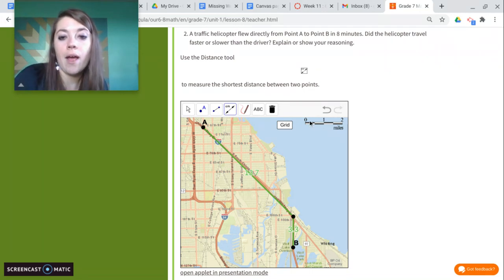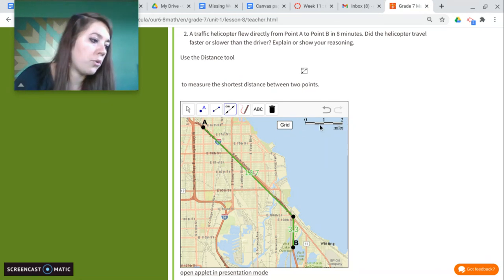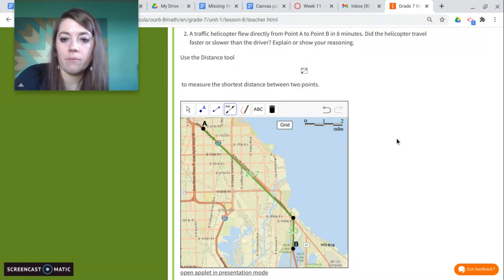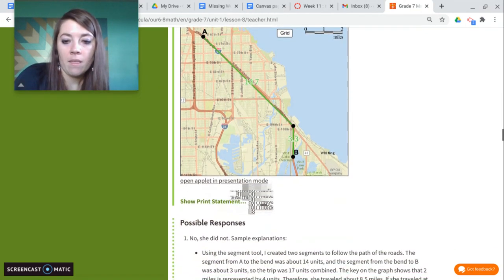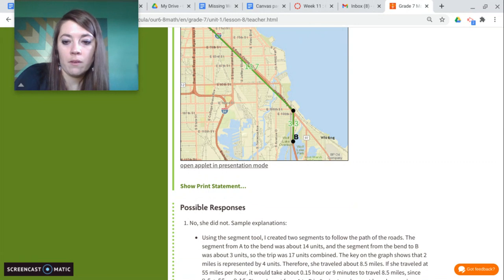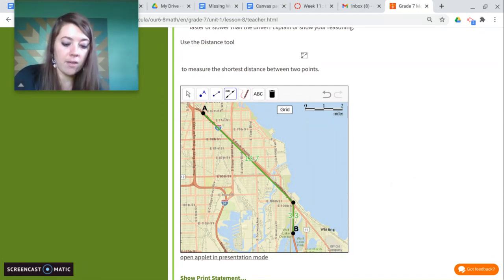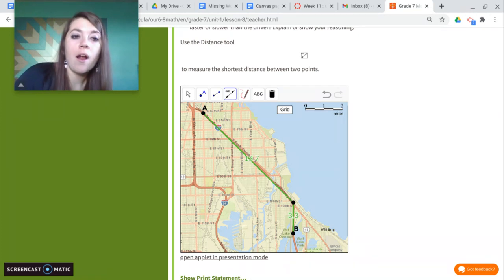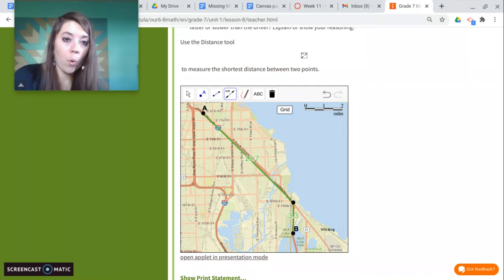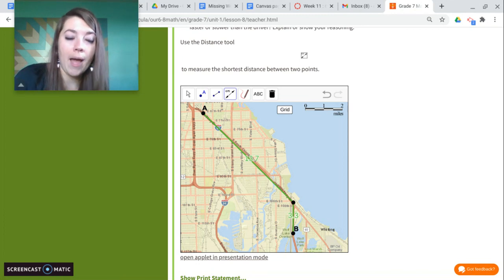Now it's telling us, hang on, let me double check it. 2 miles is represented by 4 units, sorry. So we've got our 4 units represents 2 miles. So we have 17 units, and if we divide that by 4, that is 4¼ miles.